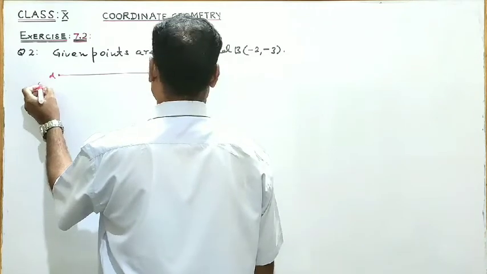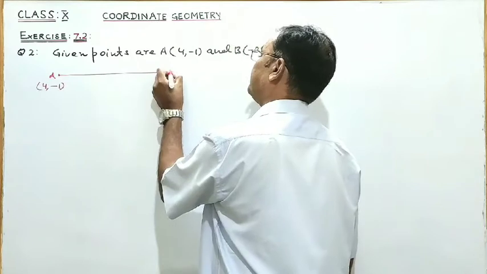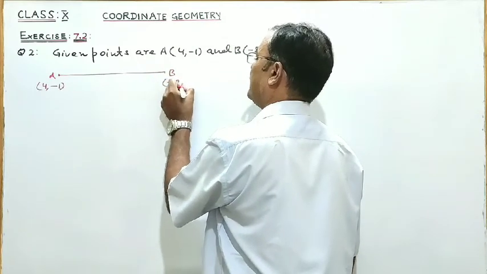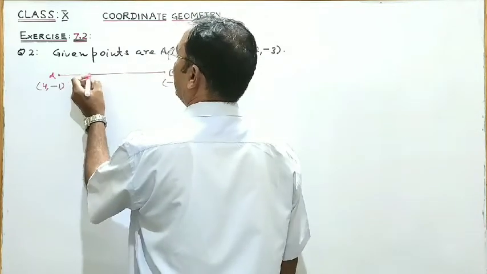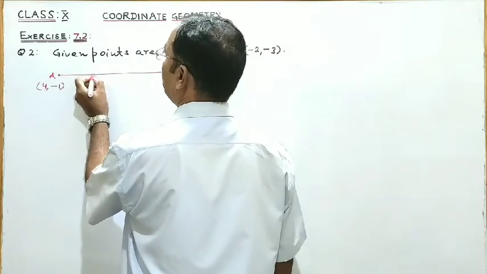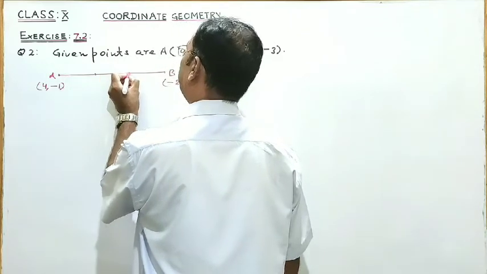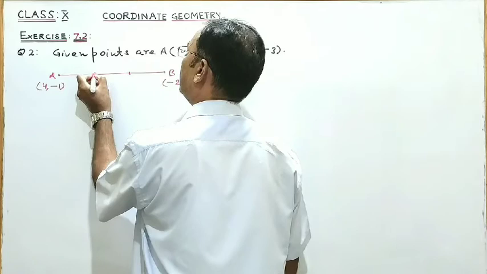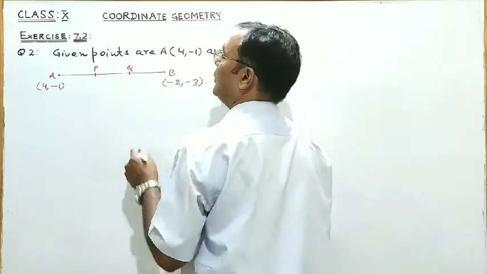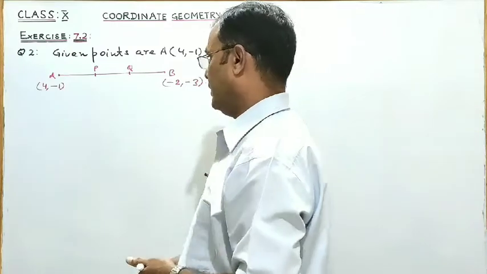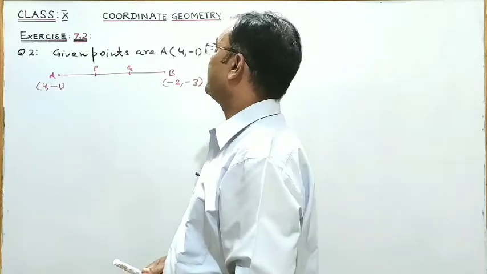Points are (4, -1) and (-2, -3). On the join of this line segment AB, there are 2 points P and Q, let us say like this, which divide the line segment AB into 3 equal parts.